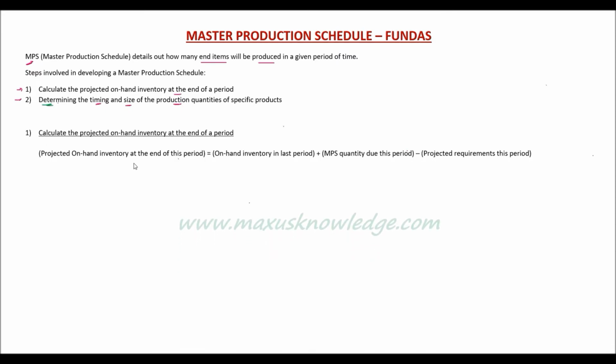If you look at this formula, what this says, projected on-hand inventory at the end of this period, that means whatever period is in consideration, is equal to on-hand inventory in last period plus the MPS quantity due this period. That means what is the quantity which is being manufactured and which is going to be available in the current period, minus the projected requirements this period. Projected requirements means what is going to be the demand.